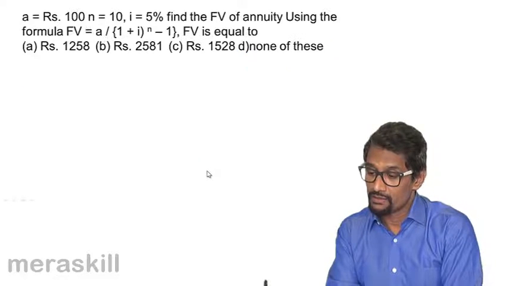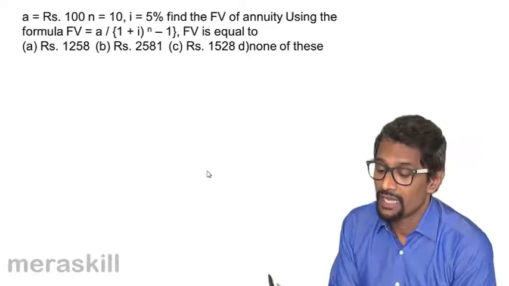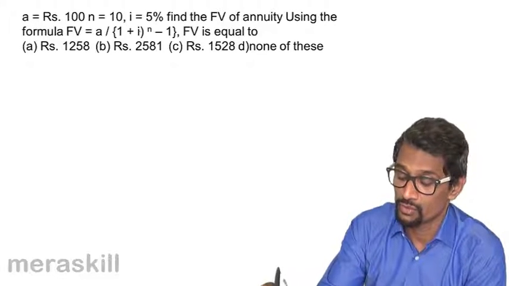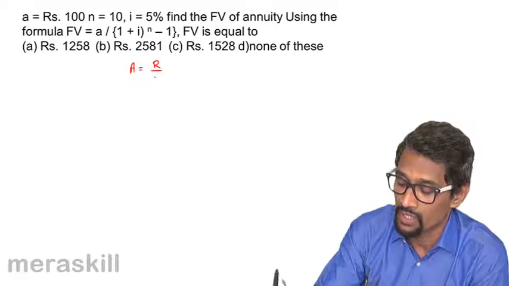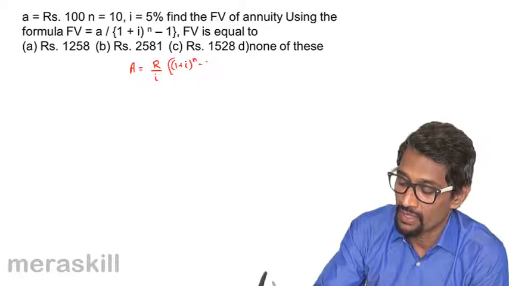9,043. Okay. Now here you have A is rupees 100, N is 10. Find the future value. Future value, when we don't take this into account, we have future values. A is nothing but R upon I into 1 plus I raised to N minus 1.